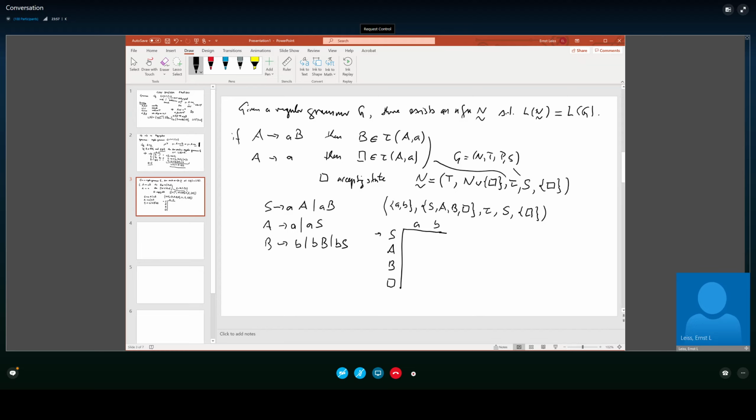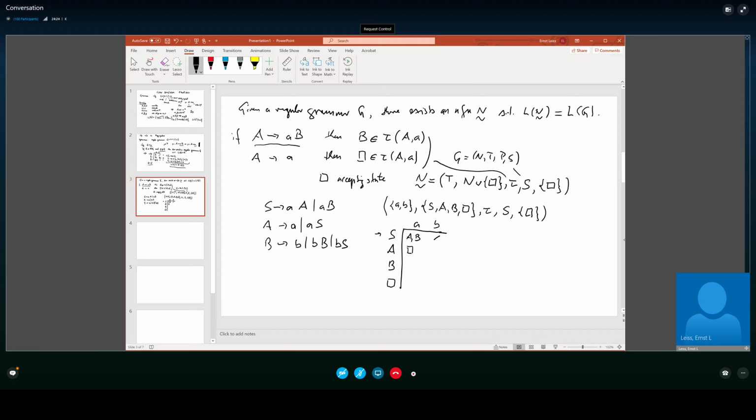And now I have this. So that means that A is here. And according to this again, there's B here. Now I don't have any S goes to b, so there is nothing here. Then I have A goes to a, which means I have the square.